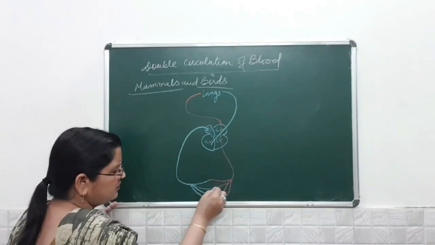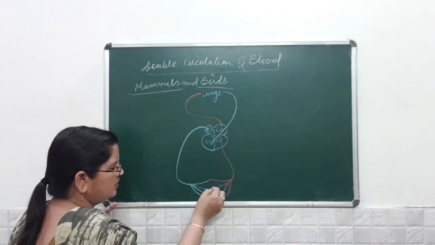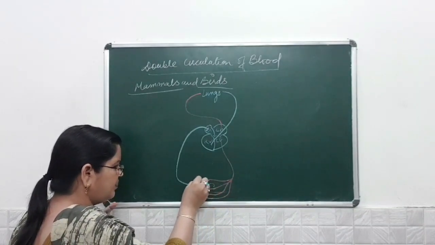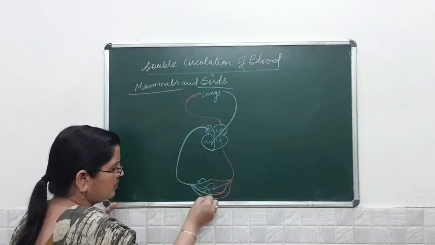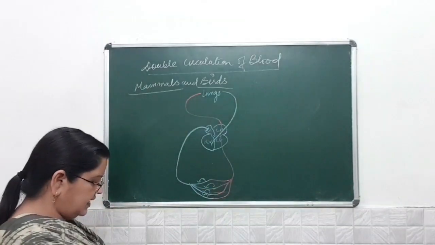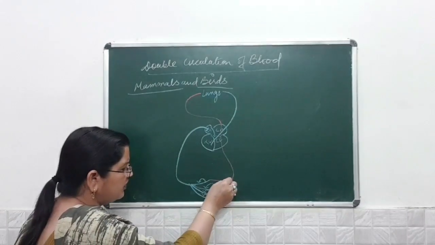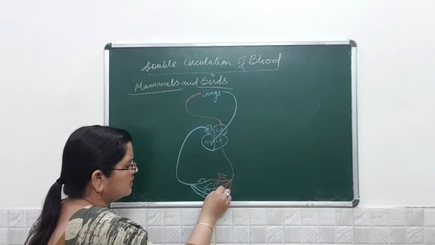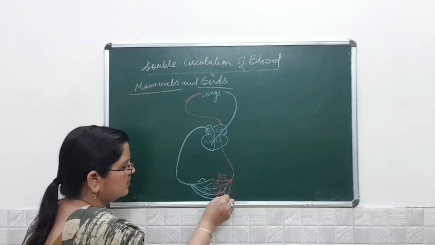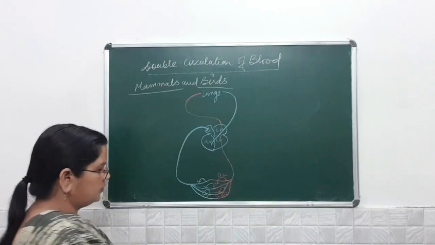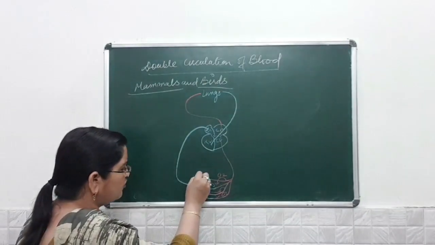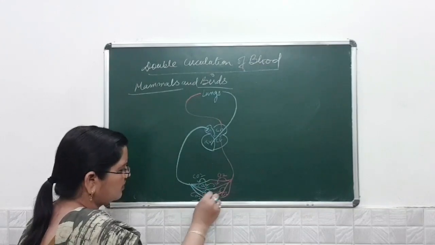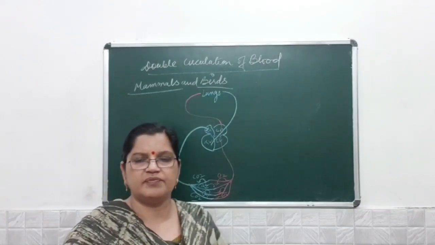CO2 is removed from body tissue and comes inside the blood. Oxygen from oxygenated blood diffuses inside the body tissue and CO2 is removed from the body tissue by the process of simple diffusion.